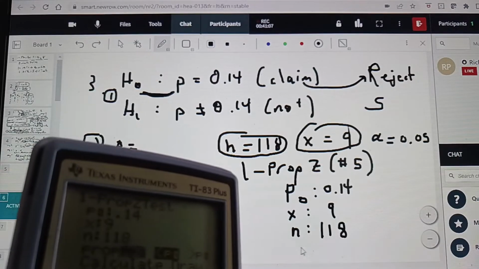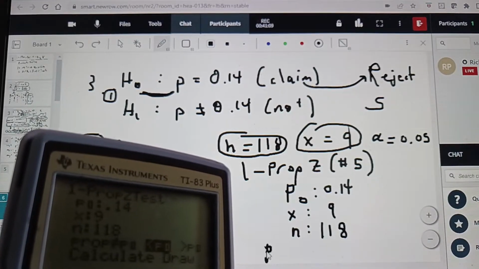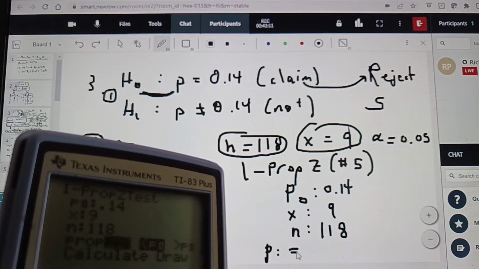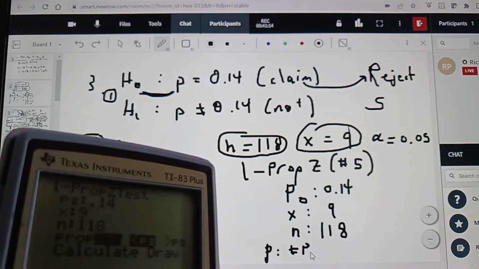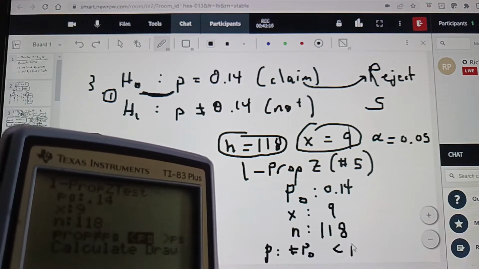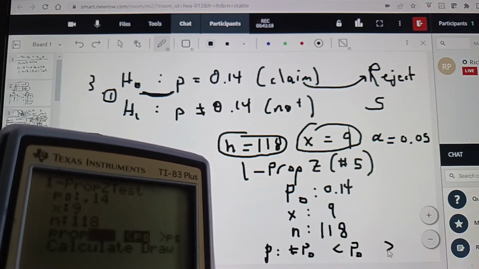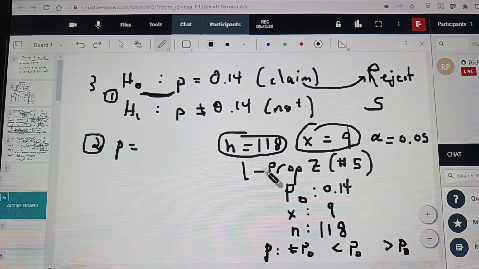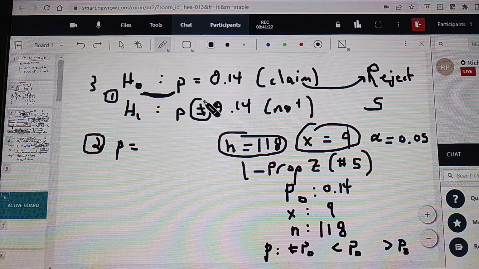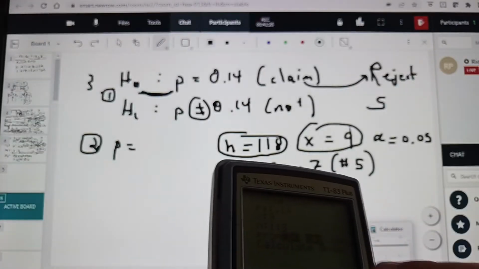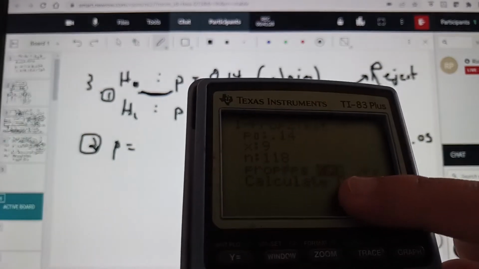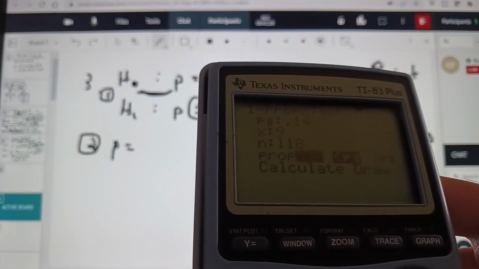And then, as always, you need to tell the calculator, is your alternative hypothesis not equal to, or is it less than, or is it greater than? All you have to do is look up here. Ours is not equal to. That's the obvious one. But my calculator is currently set for less than because that's what I did lastly in the other 2 problems.